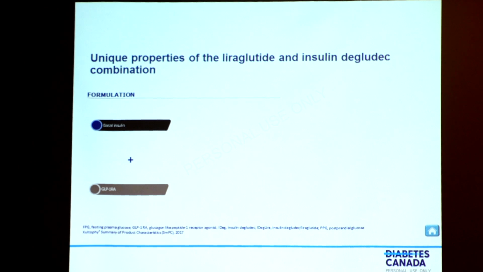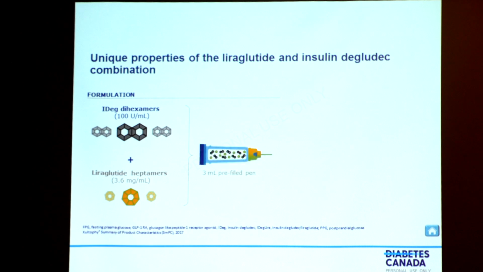But if this ever gets public coverage, I think it's going to be a wonderful agent for patients in long-term care, getting away from the combination of the oral agents plus basal insulin, and reducing the number of patients who would need a more complex regime. So this is interesting because both the insulin and the GLP-1 are compatible.